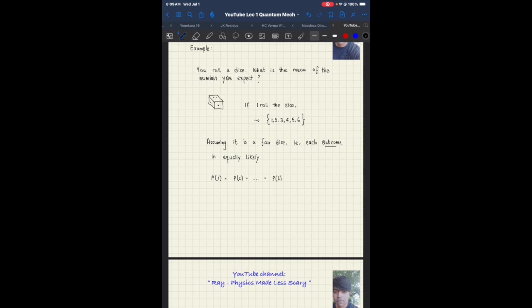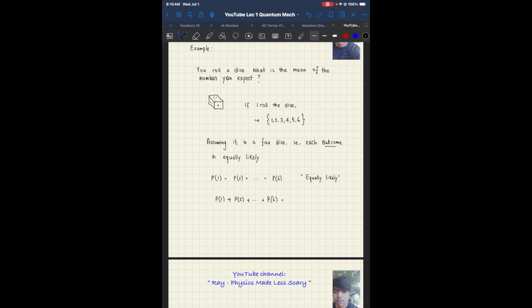And if you do roll a dice, you will get something, either 1 or 2 or 3 or 4 or 5 or 6. So, of course, we know, this is what I mean by saying they are equally likely. It's not a loaded dice. So P1 plus P2 plus ... up to P6 should be 1, right?